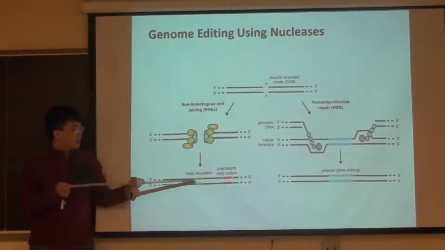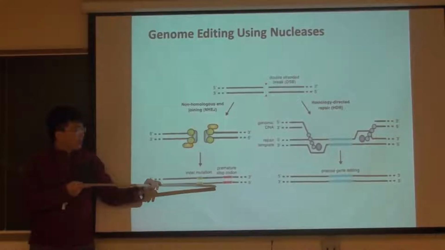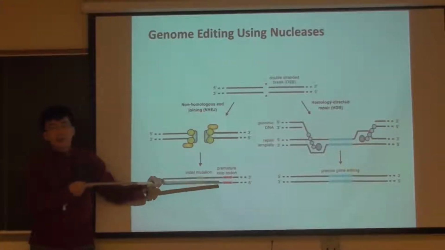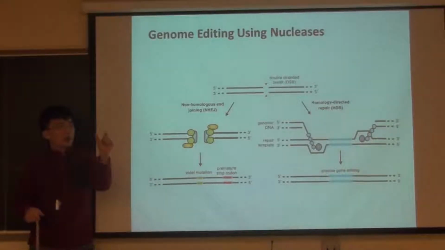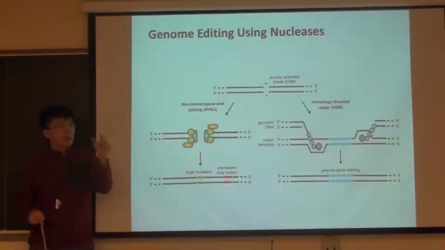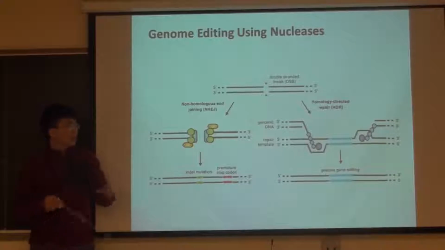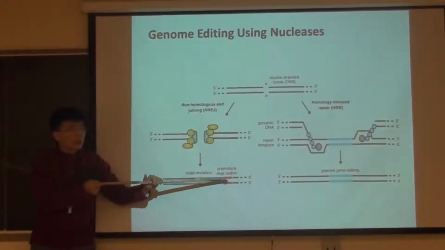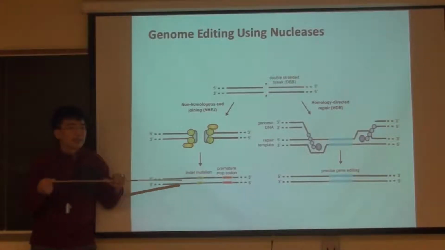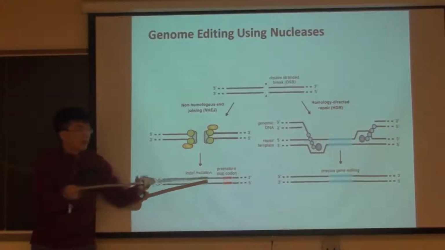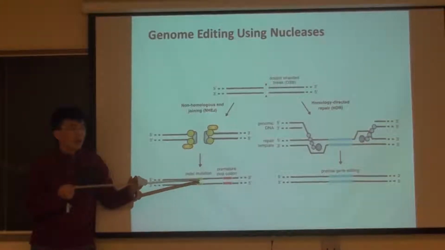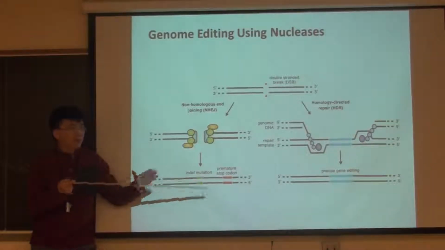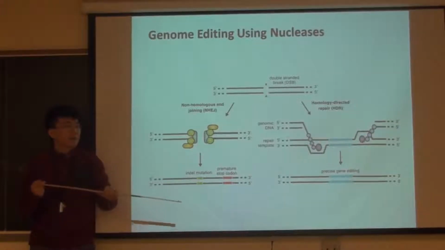The end result is that you can introduce a premature stop codon. The stop codon is the three-base sequence that the ribosome recognizes, and it stops translating there. Usually in the regular sequence, there's no stop codon here. But if you insert or delete one or two bases, then you shift the reading frame.